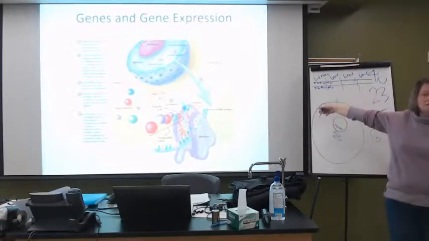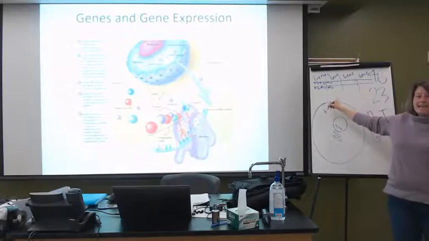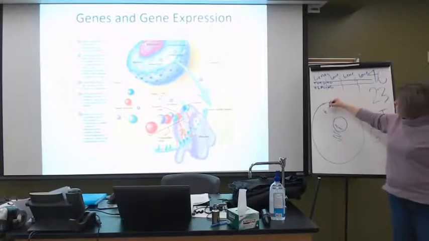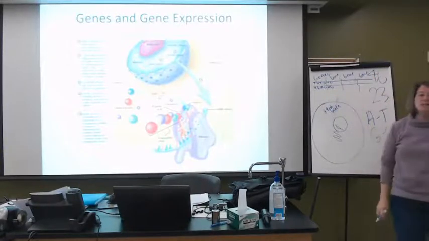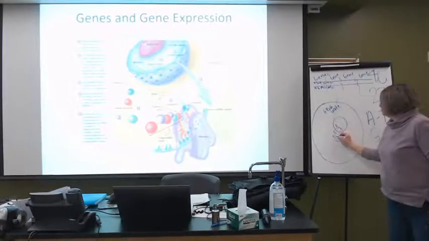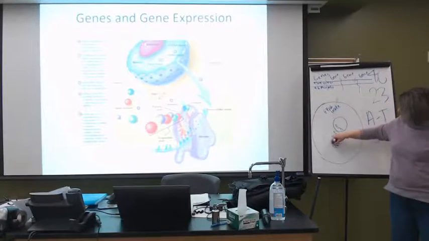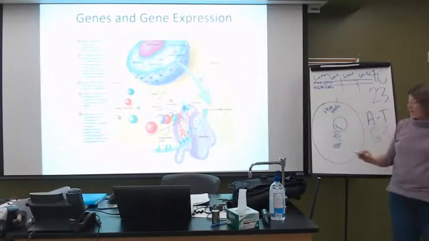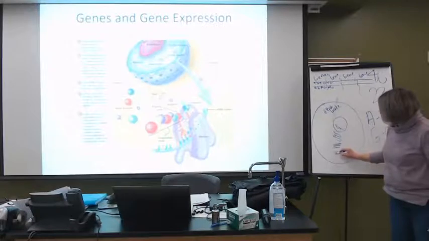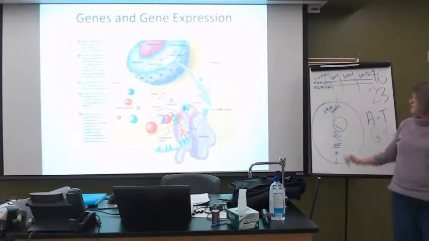I'm giving y'all a bunch of stuff for your test. If these stay free, that protein that gets made stays inside the cell. If the ribosome attaches to my endoplasmic reticulum, it gets sent to my Golgi apparatus, and it gets packaged into a little vesicle, and that makes its way outside the cell. So this is a free ribosome. This one is attached.